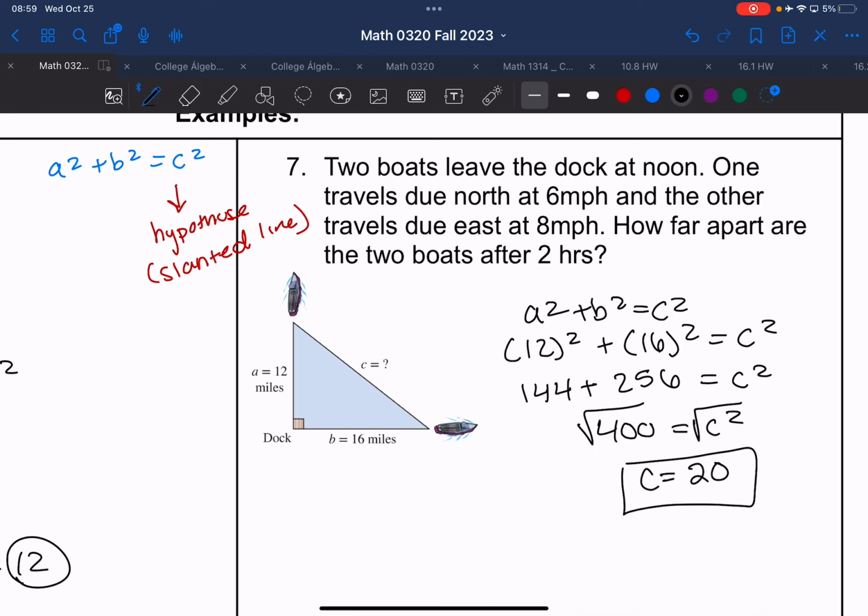Good, yes, the miles. So if we were to write this in a sentence, we would say the boats are how many miles apart? 20 miles apart. So the boats are 20 miles apart.